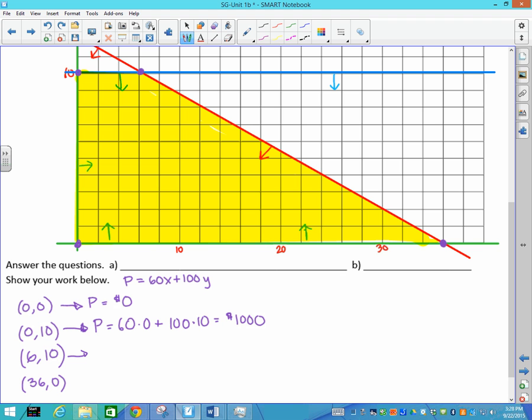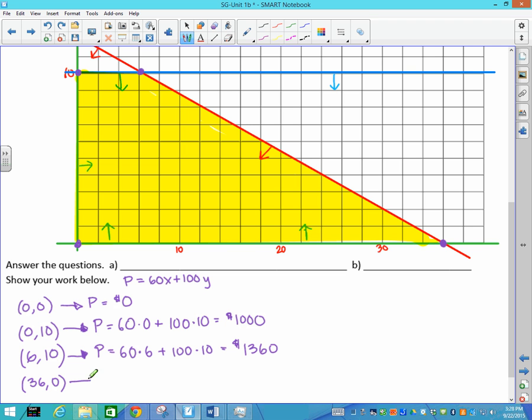And if I go to the point 6, 10, I'm plugging in 60 times x, which is 6, plus 100 times y, which is 10. So 360 plus 1,000 is 1,360.